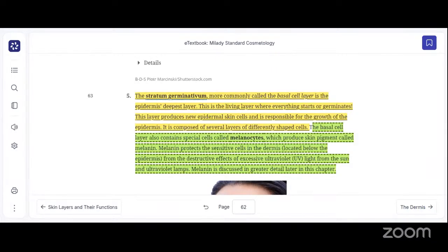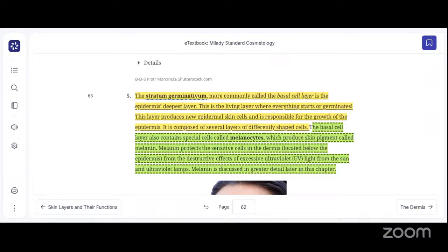So we come to this particular layer, okay? They call it the basal cell layer. It's the deepest layer of the epidermis. It's the fifth layer of the epidermis, but also this is where everything begins to start, all right? Let me tell you this. Most times, people are buying products for dark spots, buying products for things going on with their skin, to help different things.